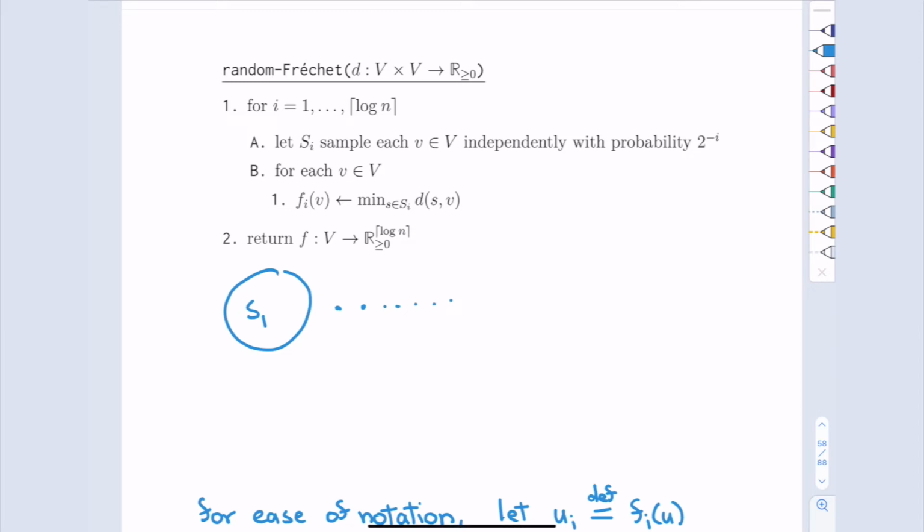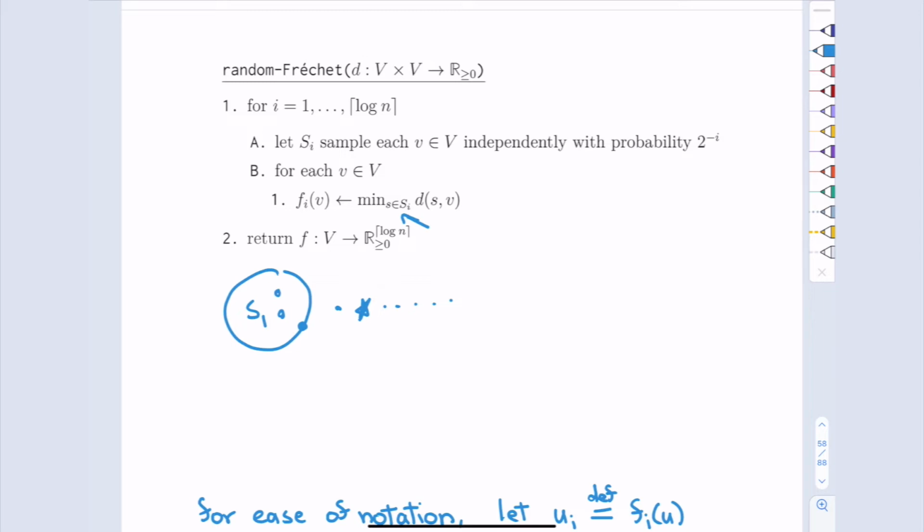That means every point that's already in S1 is going to get coordinate value 0, because the distance from the point to S1 is 0 if it's already in S1. But for another point, like this one, you'll find the closest point in S1, and that's the distance from S1. So you have the minimum over all points in our sampled set of the distance from that other point. That will be the first coordinate.